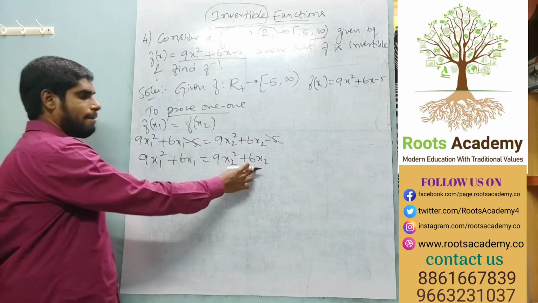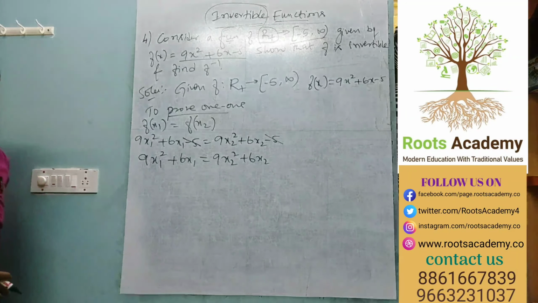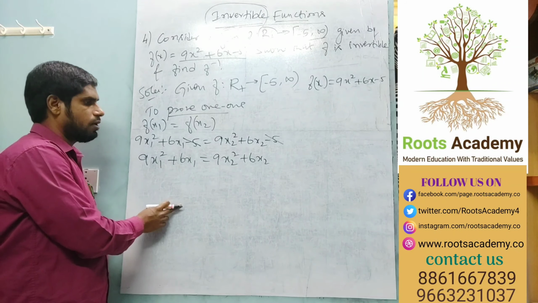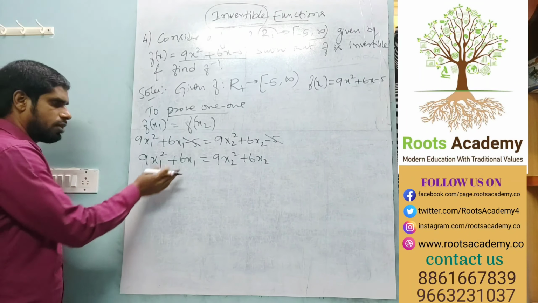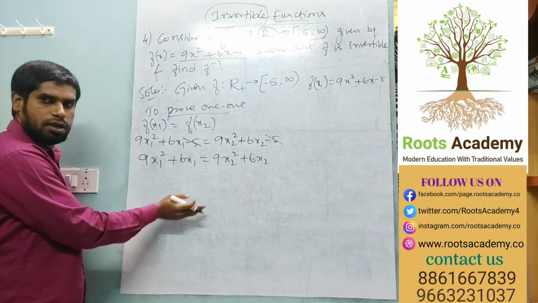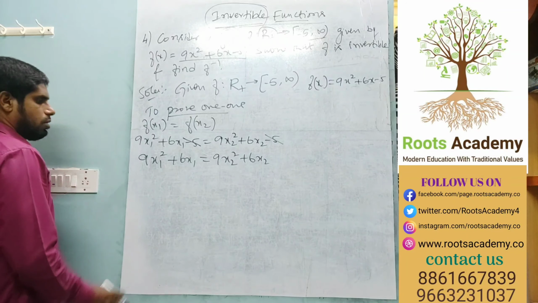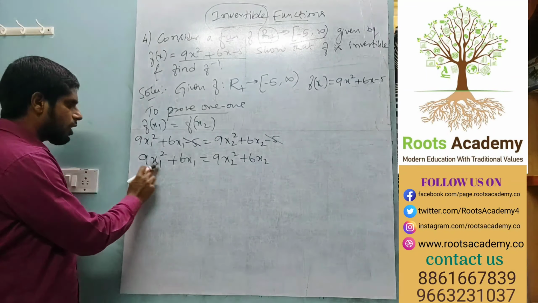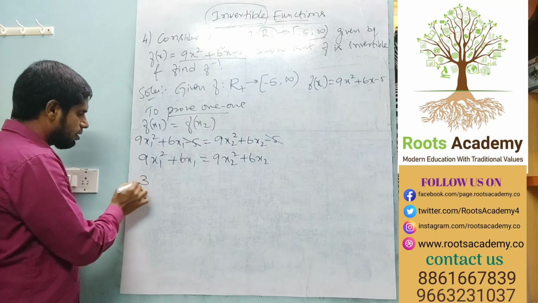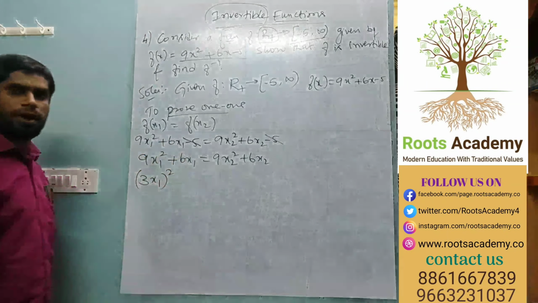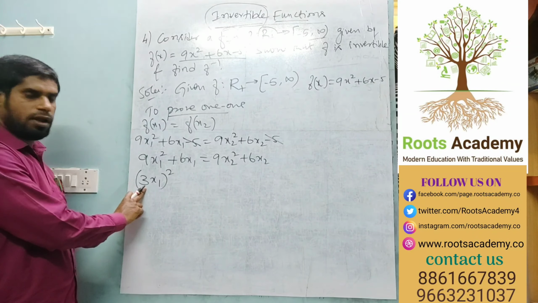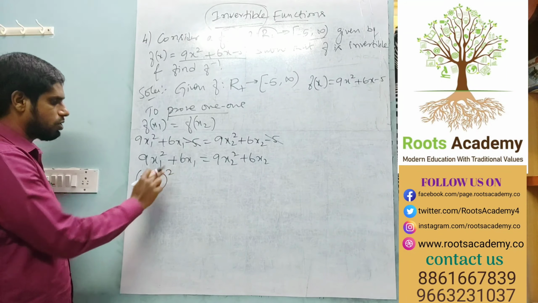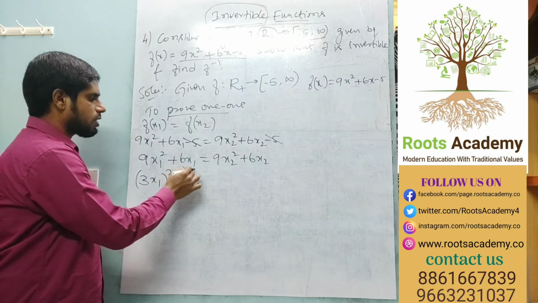Now student, I can apply the concepts whatever I applied in the last problem, either here itself or otherwise I can apply onto also. Let me use the same concepts for one-one and onto. So 9x1 square can be written as 3x1 whole square, because 9 can be written as 3 square and x1 already has a square. So 3 square x1 square can be written as 3x1 whole square, plus this is 6x1.